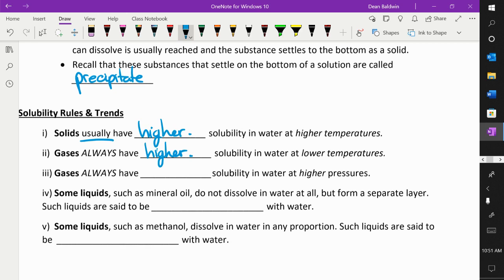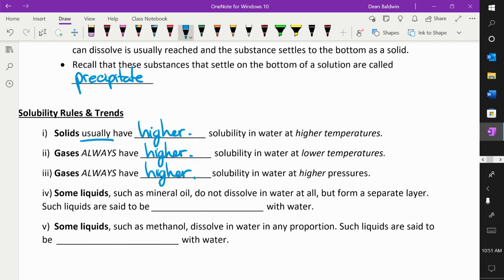Gases always have a higher solubility in water that is at high pressure, because the pressure will keep the gas in solution. It's like when you open a can of pop, what do you hear? That's the gases expanding and released from the liquid, because you release the pressure.